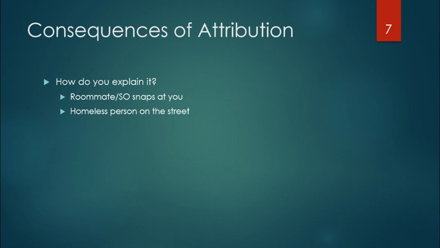But if you explain their behavior as just a consequence of their situation, then that'll have a very different impact on how you view that homeless person. So how we attribute behavior has very real consequences. It influences our behavior and how we act towards that person.